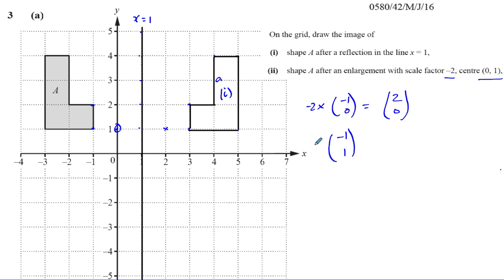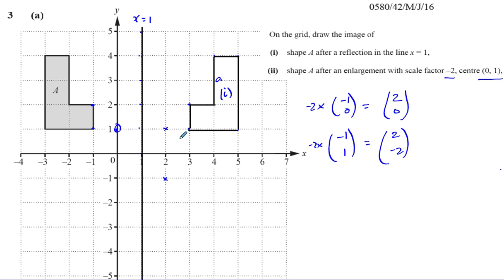That's multiplied by -2, which gives me (2, -2). -2 times -1 is 2, and -2 times 1 is -2. Always start from the center of enlargement. I've got to go 2 spaces to the right and also 2 spaces down. So I'm going to end up over there. So this line will end up over here, and you can see that it's going to be twice as big, where the scale factor is -2, that means it's going to be twice as big.